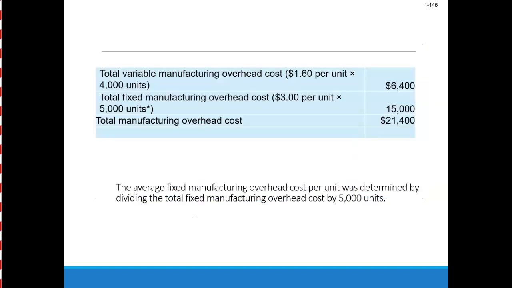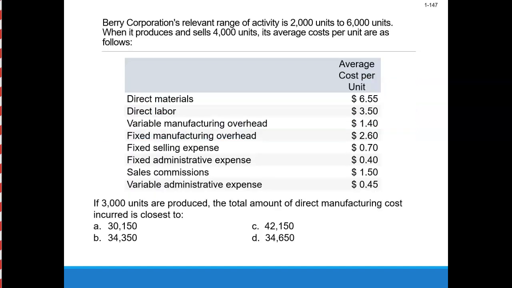Do you think it's C? You're perfectly correct. So we see the variable plus the 15,000 gives us our 21,400.